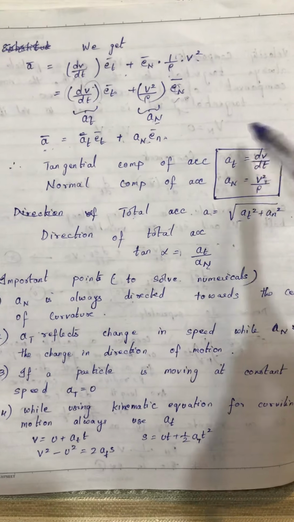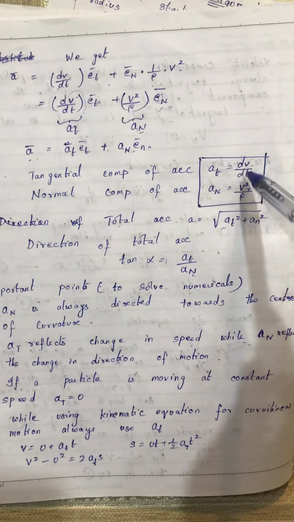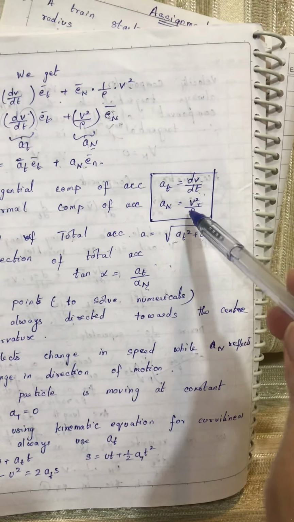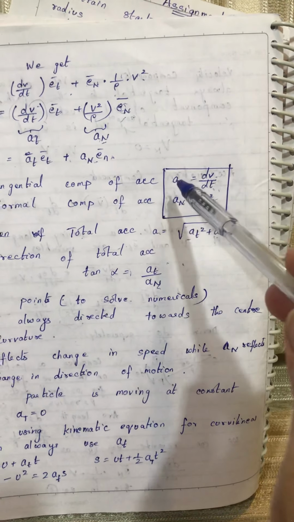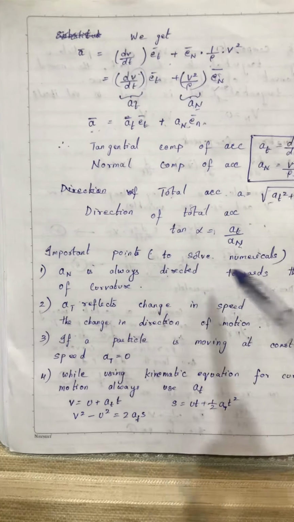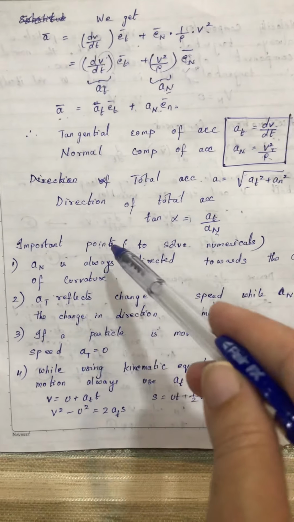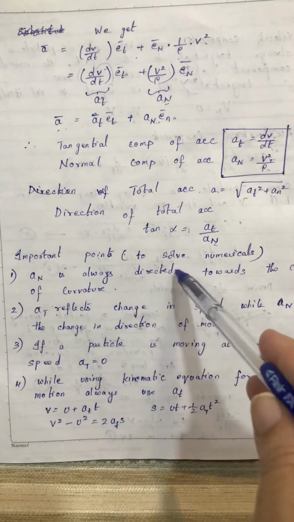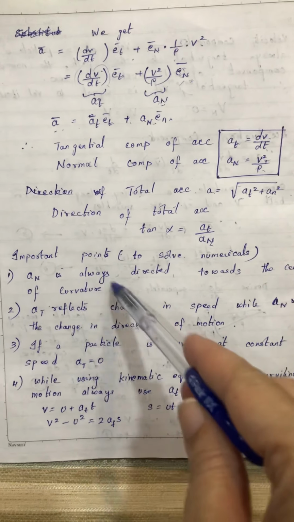So we need to remember at is dv by dt, an is equal to v square by rho, and velocity v is the tangential velocity. Now some important points which will help you to solve the numericals. an is always directed towards the center of the curvature.